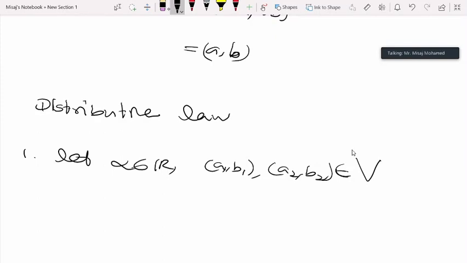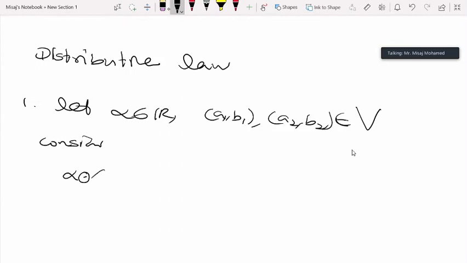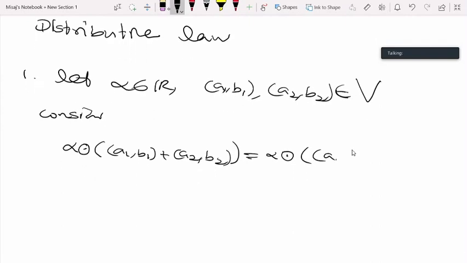Now consider alpha dot ((A1, B1) plus (A2, B2)), which is alpha times (A1 plus A2, B1 plus B2).